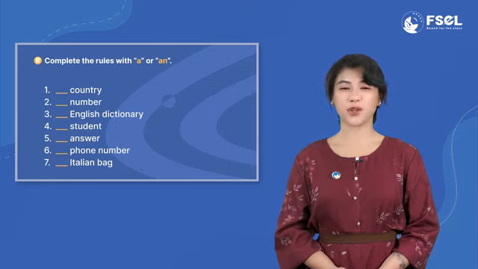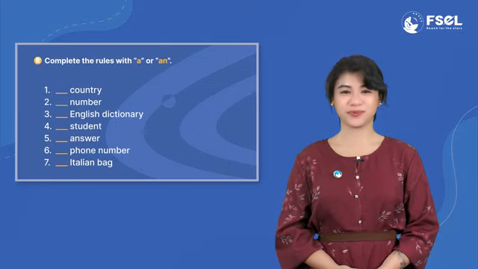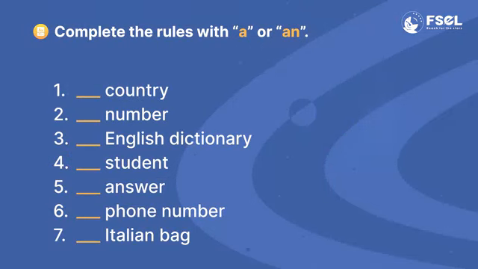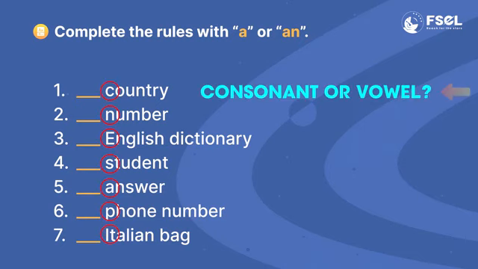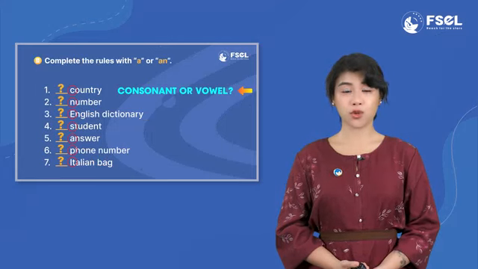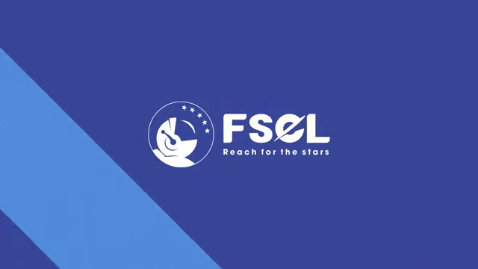Let's practice with more words now. Look at each word. Does the word start with a consonant or a vowel? Fill in the gaps with a or an. Use the rules to help you.